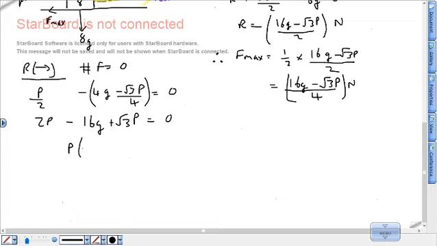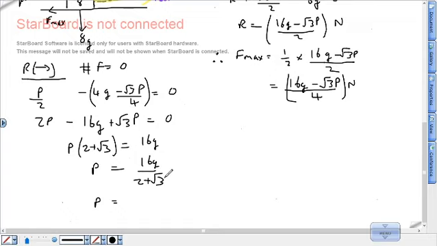So P is 2 plus root 3, and that is equal to 16G. So P, the biggest P can ever be, obviously using F max, is going to be 16g over 2 plus root 3, and that's going to be an irrational number, root 3, so therefore it's going to be a nasty decimal.